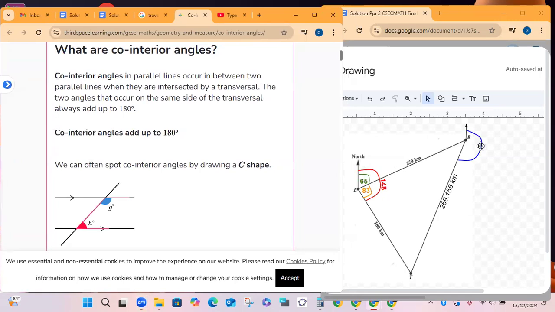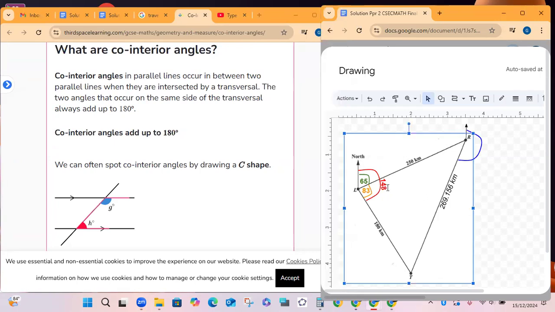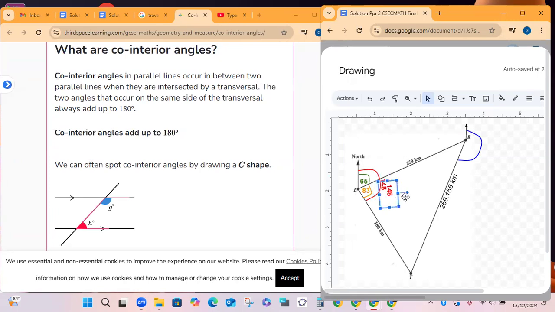Remember, these are two north poles so that they are parallel to each other. Let me put a capital N to show that this is a north pole, and R. So two north poles are parallel to each other and you've got a line LR transversing them, cutting across there.